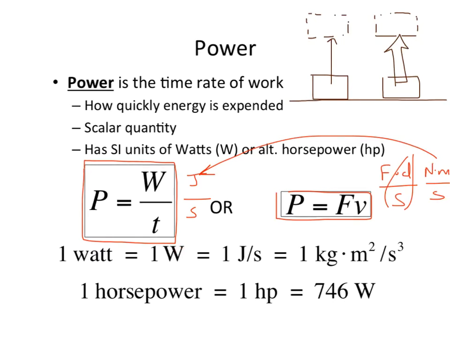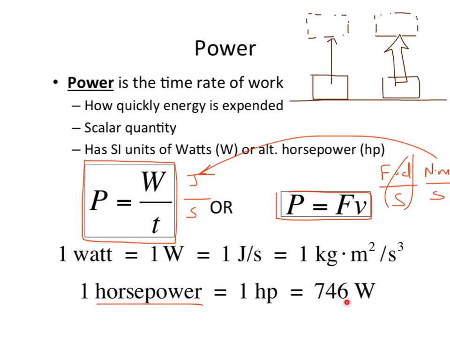Another way to measure power is in what we call horsepower. Now, horsepower is not necessarily how many watts an average horse can put out, although it was developed by somebody in the Industrial Revolution when they were trying to compare how much power a steam engine could put out versus an equivalent amount of horses. They came up with this idea that 1 horsepower is 746 watts.